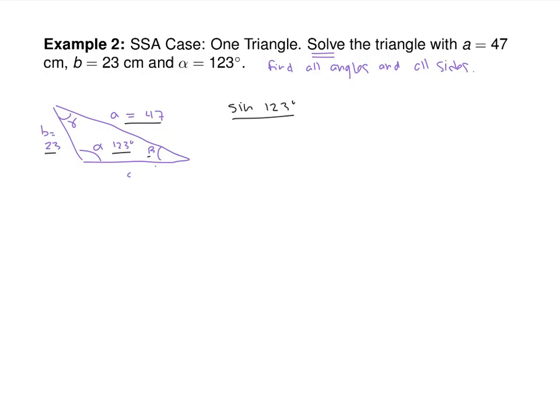What's the side opposite? 47, equals sine of beta over 23. So sine of beta will be 23 times sine of 123 degrees over 47. So tell me what you get for that, just to make sure you can calculator it. If you need to use your phones, I don't really care, just make sure that they're in degrees.